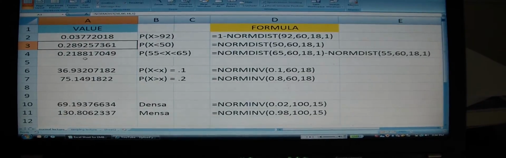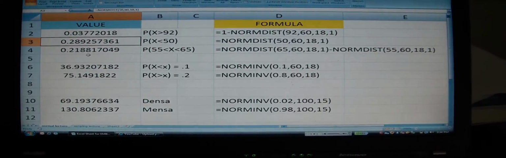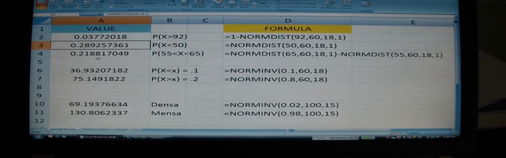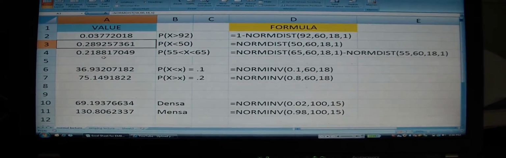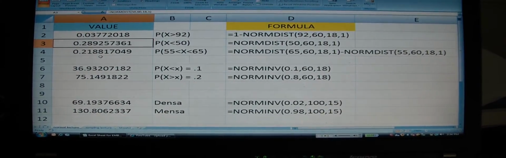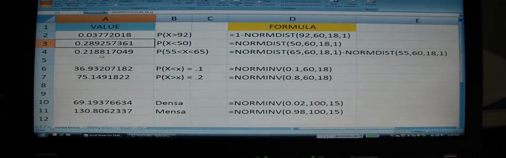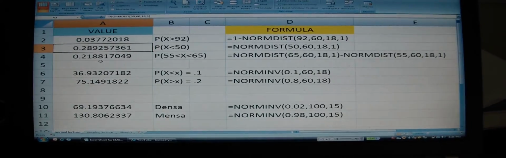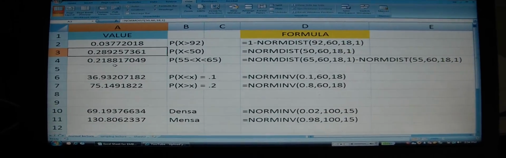And the value x such that 98% of the area is to its left, which means 2% of the area is to its right, would be 130.806. So on the whiteboard I used 69 and 131 as estimated values for that.